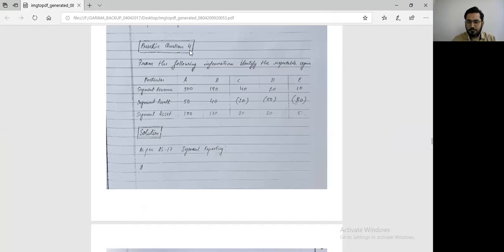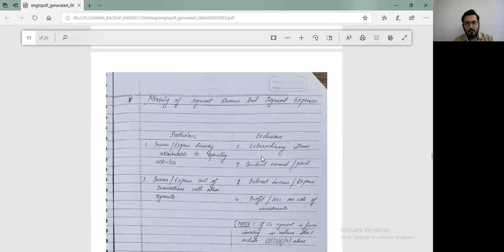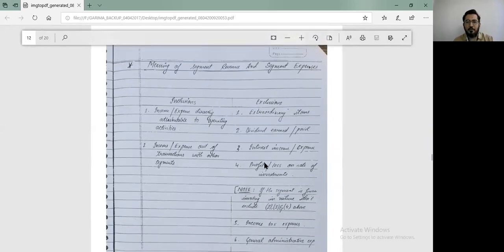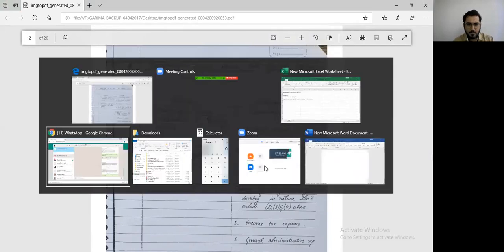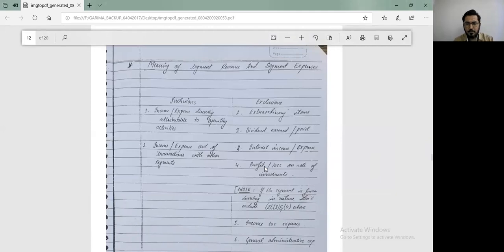Okay, let's continue. Come to the next one, page number 12, meaning of segment revenue and segment expenses.